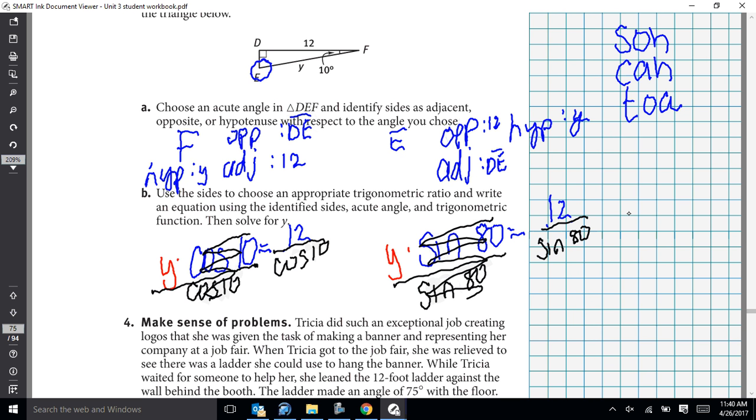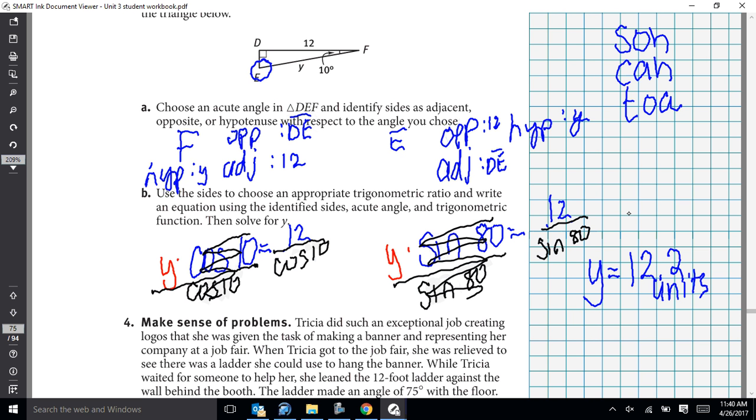You do 12 divided by sine of 80. I got 12.18. Do you guys get that?